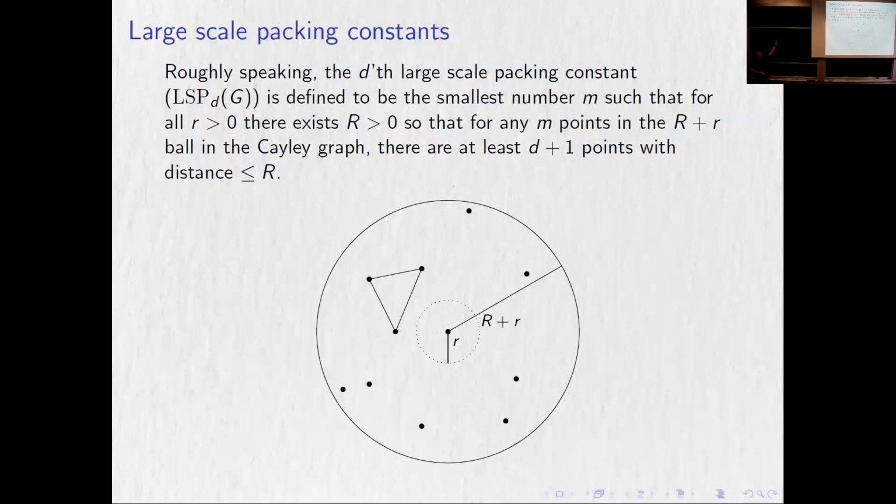If any point can be in at most 1, that would be the 0th version. If any point can be in at most 2, that would be the LSP 1 and so on and so forth. So you could ask about a packing where balls are allowed to overlap, but not too much. That's this idea, and this comes up when we just have to do some bookkeeping.